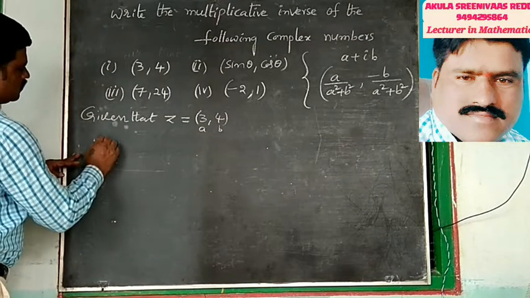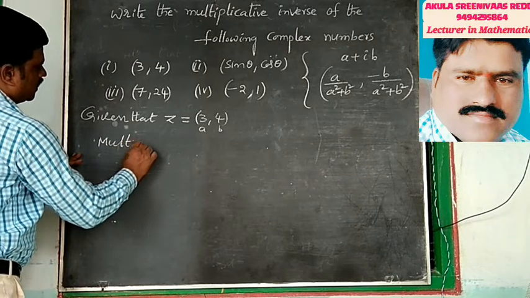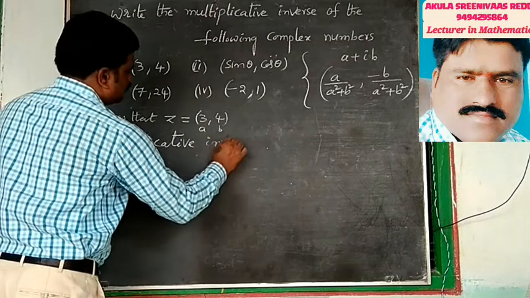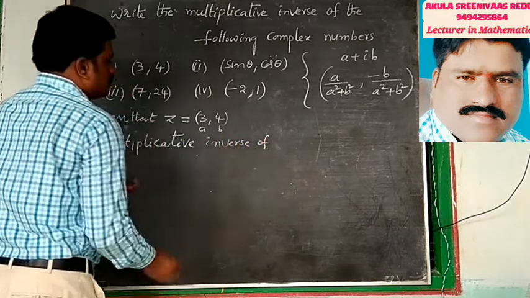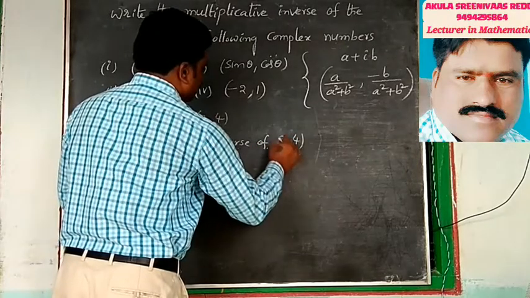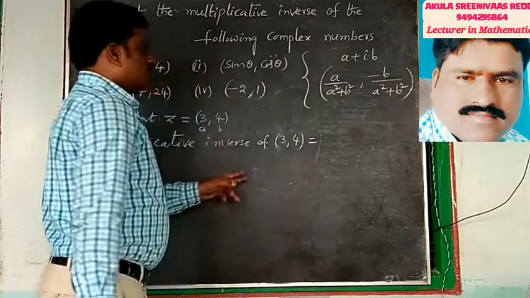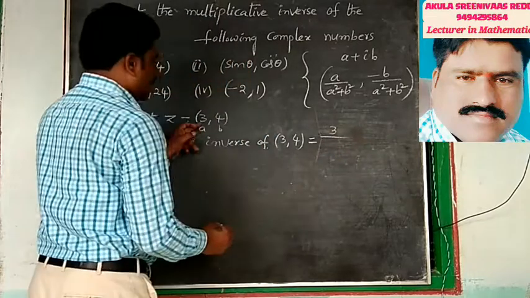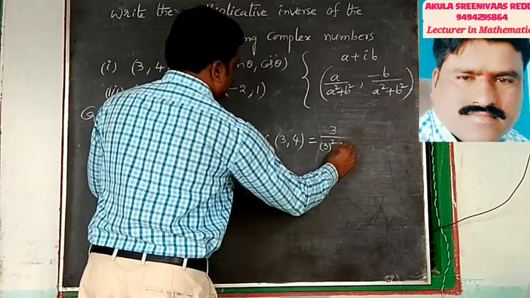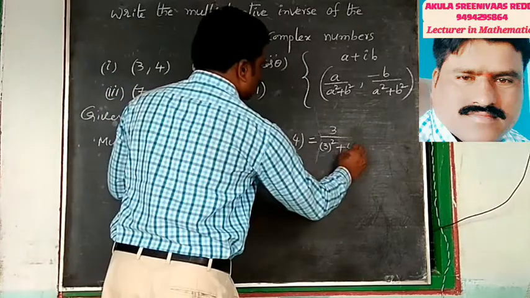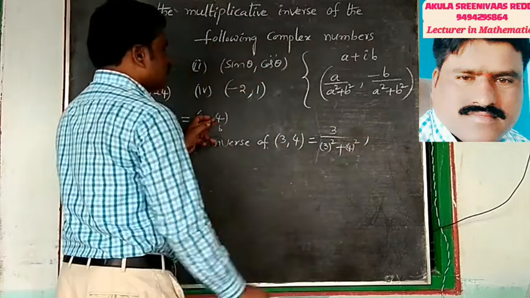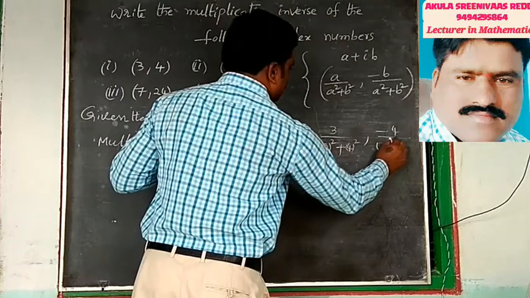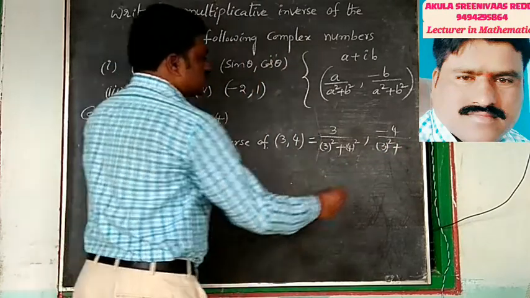Multiplicative inverse of 3, 4 is a by a square plus b square. a means 3, so 3 by a square means 3 square, plus b square means 4 square, comma, minus b, minus 4, by a square means 3 square plus b square means 4 square.